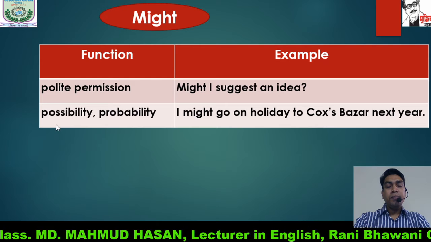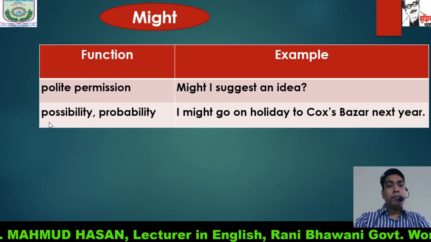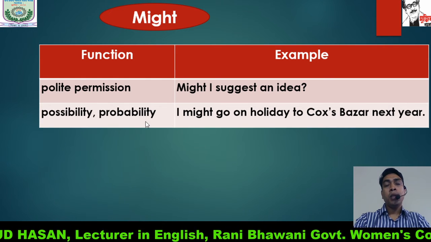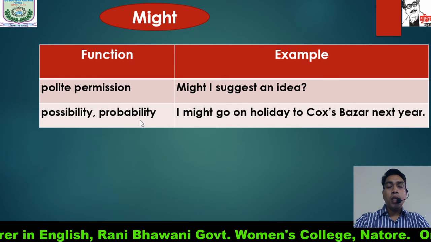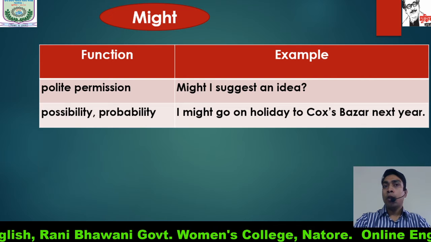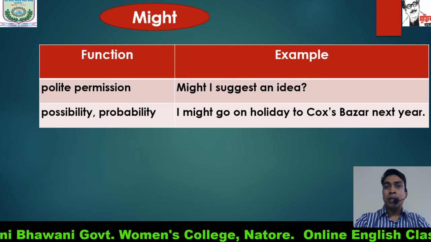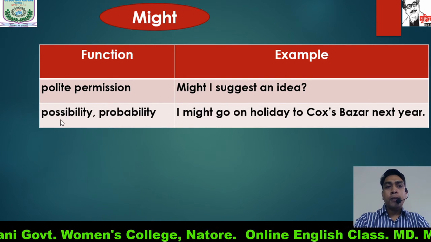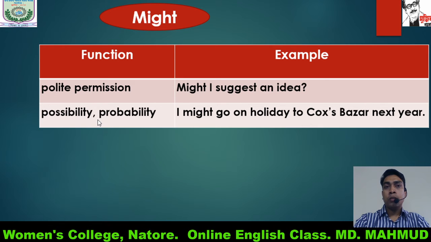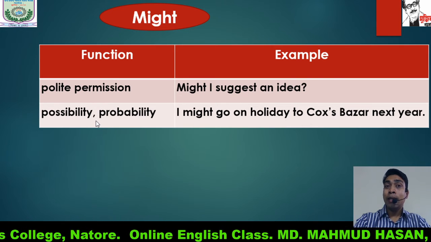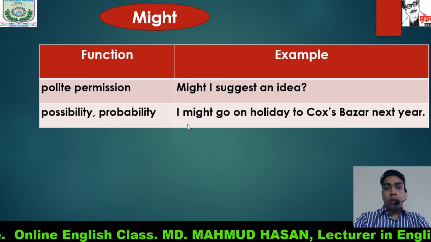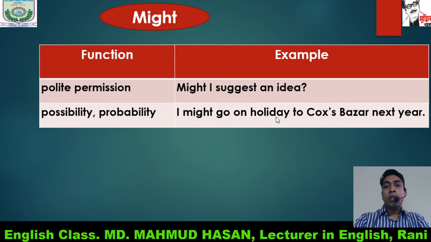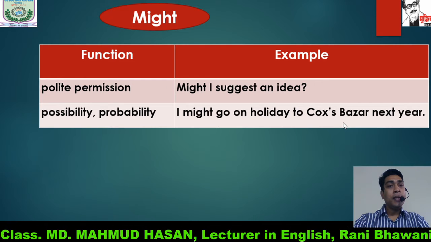And then, in case of possibility or probability, we also use might. But if we compare may and might, might shows less possibility than may.